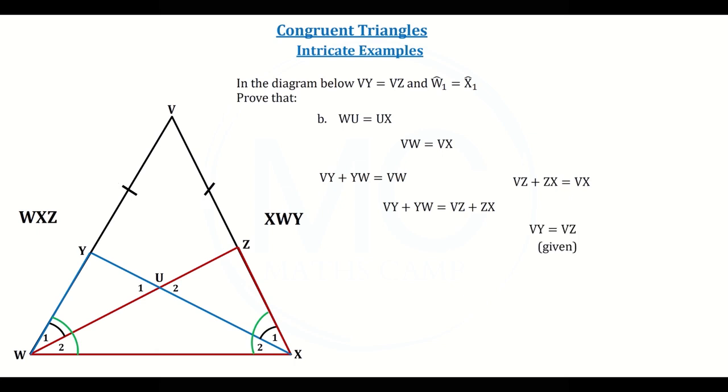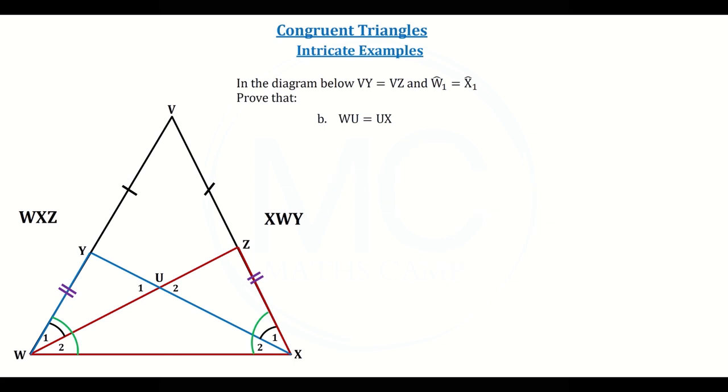If VY is equal to VZ, then these values will cancel out in the equation, and we are now left with YW is equal to ZX. These sides are equal, so let's put two purple lines on YW and two purple lines on ZX. Let's make some space.